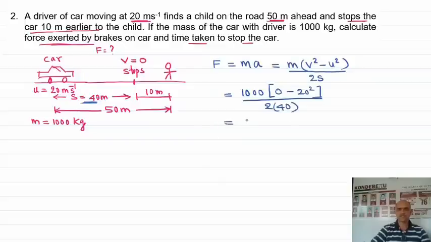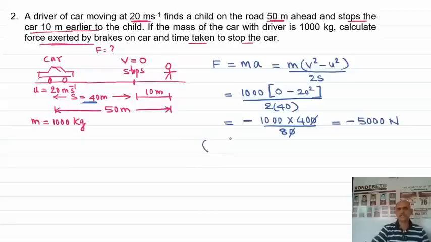If I simplify this, the minus I will write first. 1000 into 20 square is 400, divided by 80. One 0 gets cancelled. Simplify: 5 eights are 40. Answer is minus 5000 Newton.